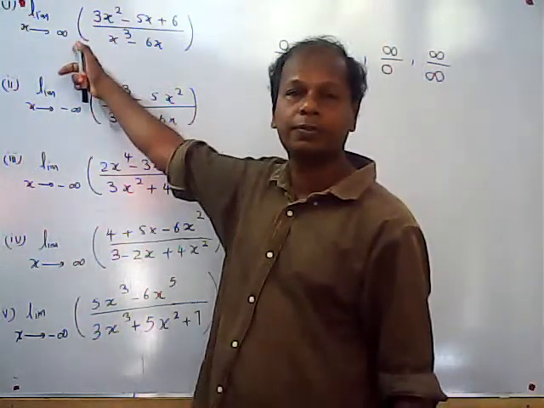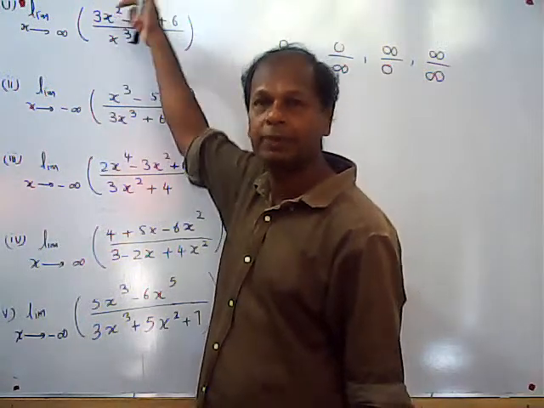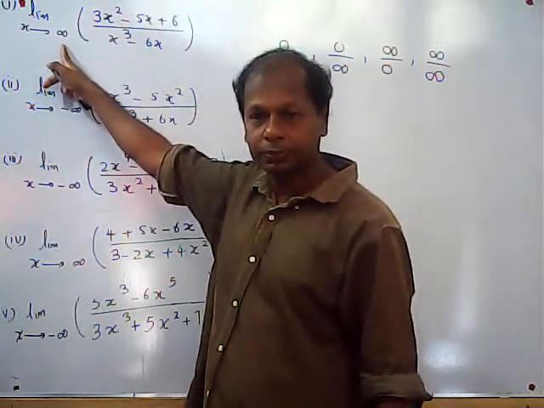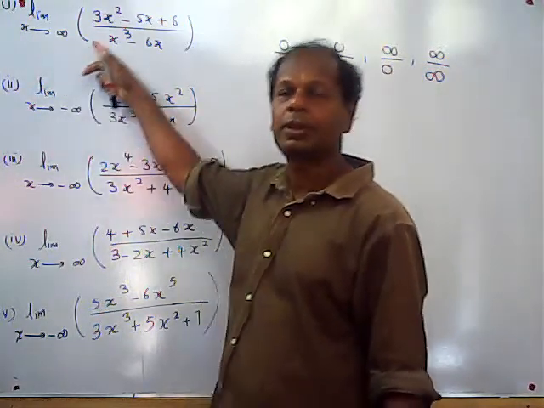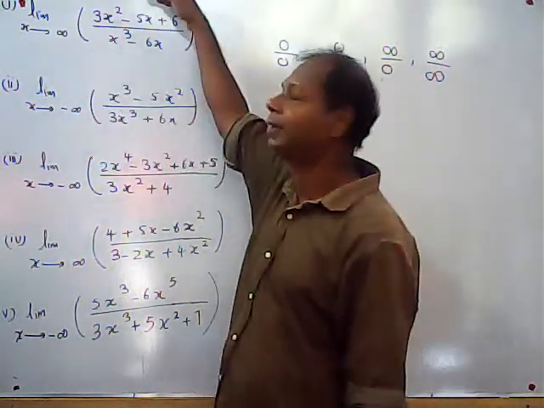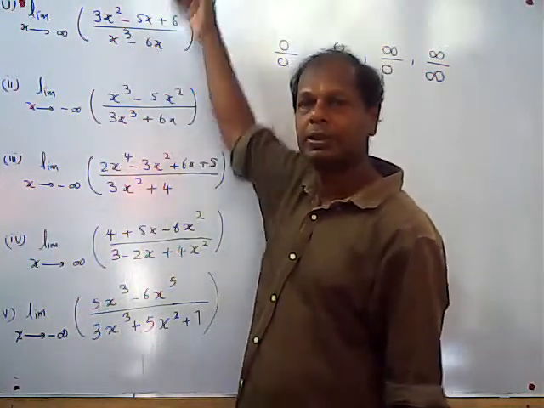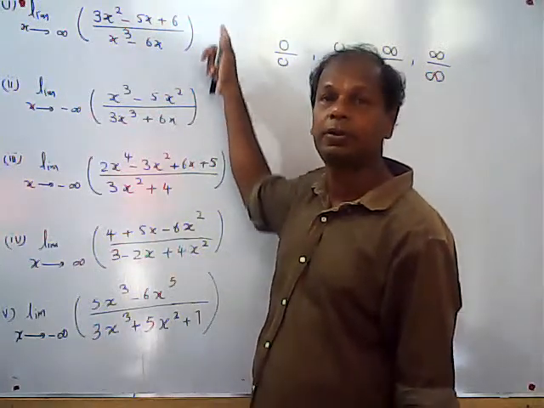Now, to find the limit of a rational function like this, a polynomial divided by another polynomial, as x goes to positive infinity or negative infinity. If you try to find the limit of the numerator and denominator separately, you will get infinity over infinity.